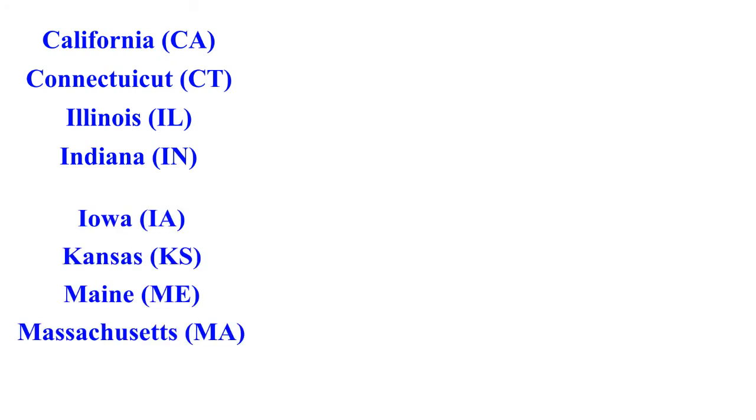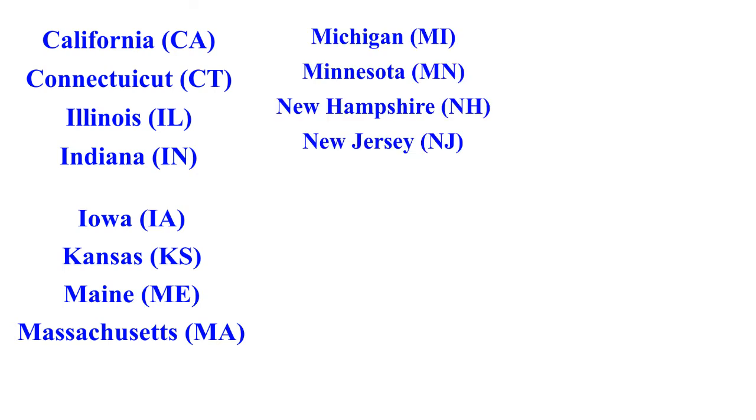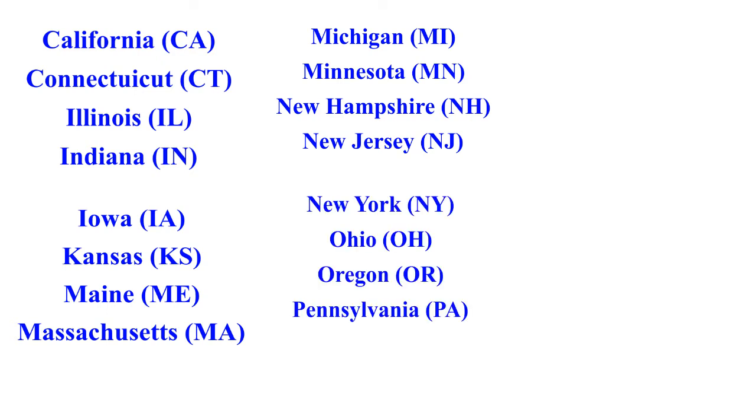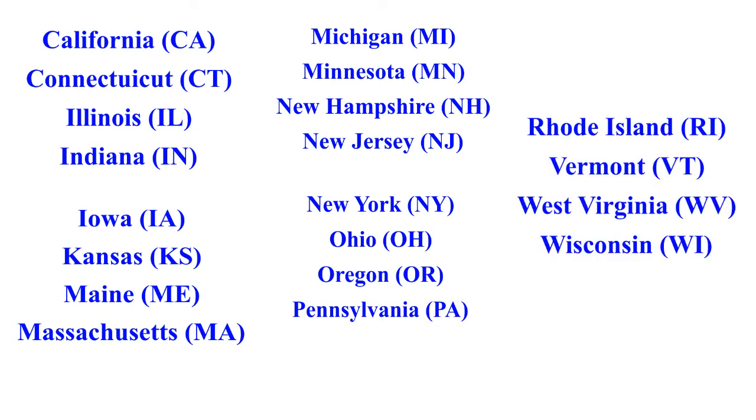Those are as follows: California, Connecticut, Illinois, Indiana, Iowa, Kansas, Maine, Massachusetts, Michigan, Minnesota, New Hampshire, New Jersey, New York, Ohio, Oregon, Pennsylvania, Rhode Island, Vermont, West Virginia, and Wisconsin.